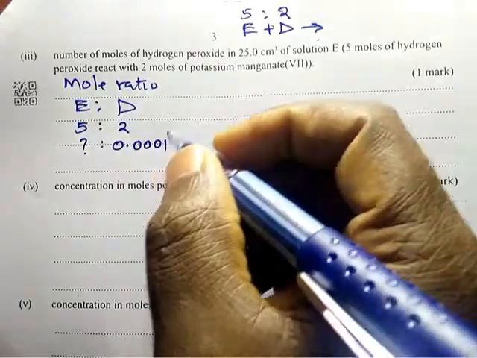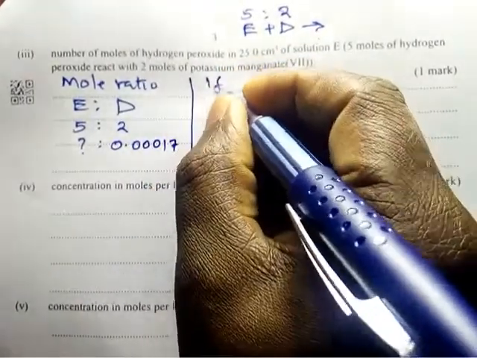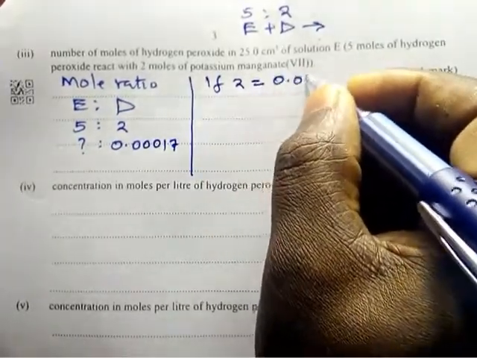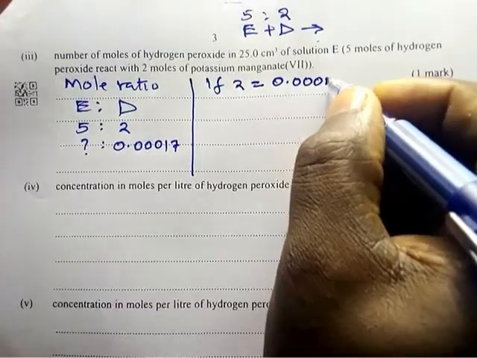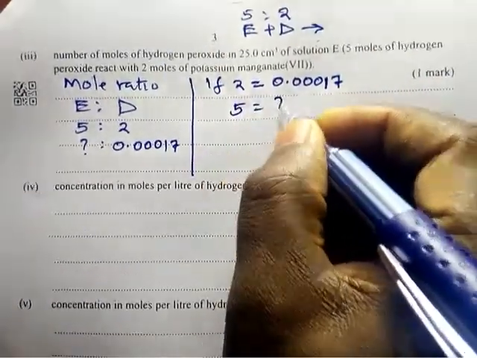So we ask what will be the number of moles of E. We use the ratio here. We say if 2 is equal to 0.00017, 5 will be what?